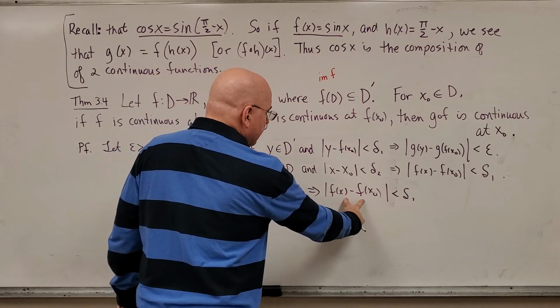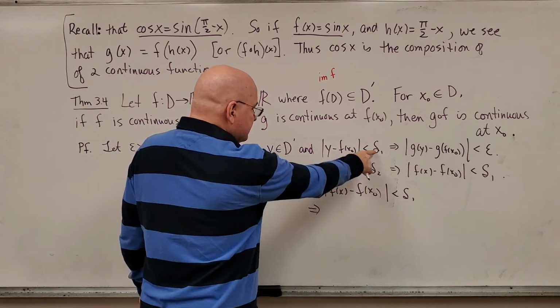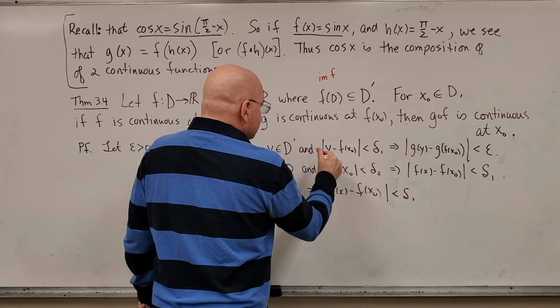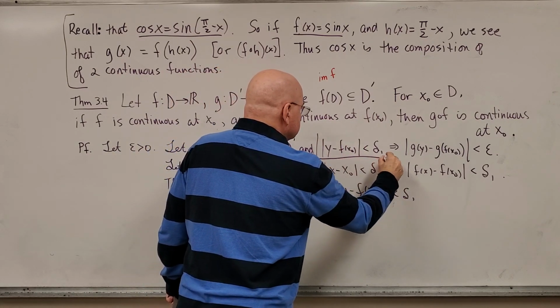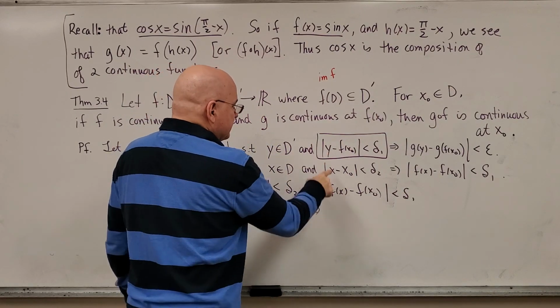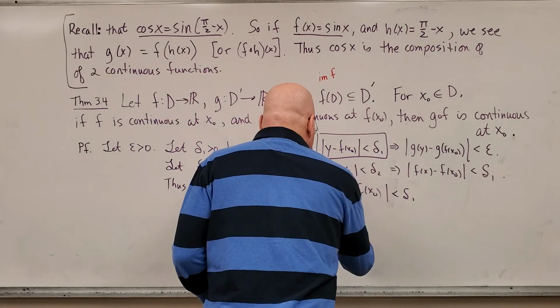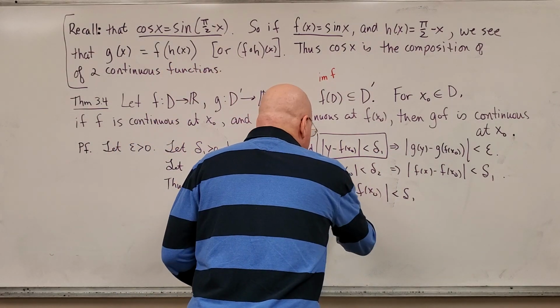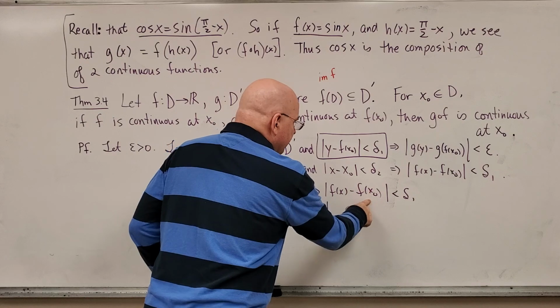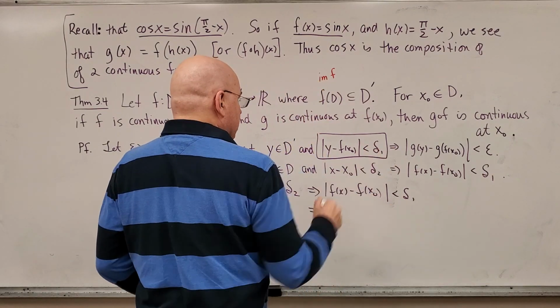Well, if you take two numbers where the distance between them is less than delta 1, this corresponds, now this is true. f of x is just equal to y. So now we get that g of this minus g of this is less than epsilon.